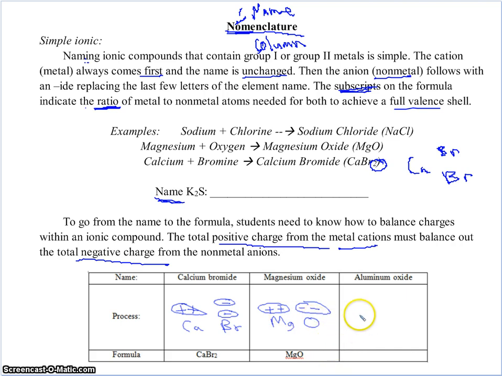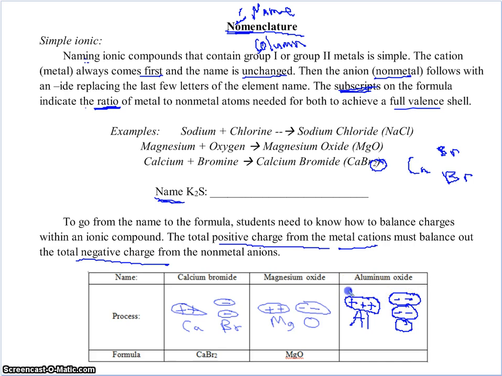What about aluminum oxide? So aluminum forms a +3, it's got 3 valence electrons. Oxygen forms a -2. They're not balanced. I have more positives, so I'm going to add more negatives. So I add another oxygen, 2 at a time, because it's O2 minus.